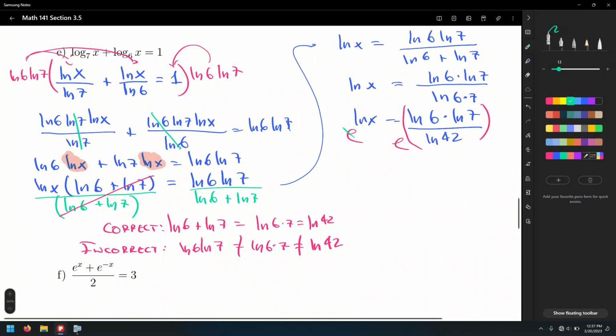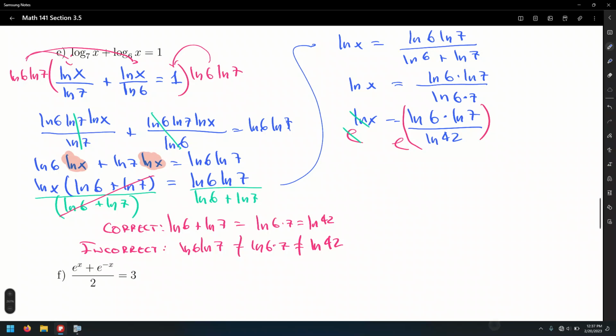That's going to be x equals e raised to the ln of 6 times ln of 7, the whole thing divided by ln of 42.